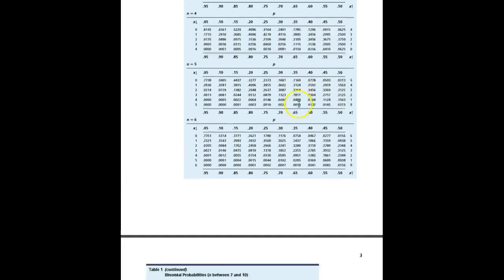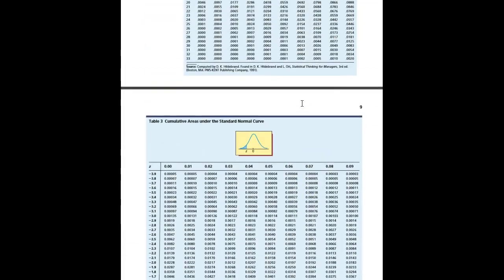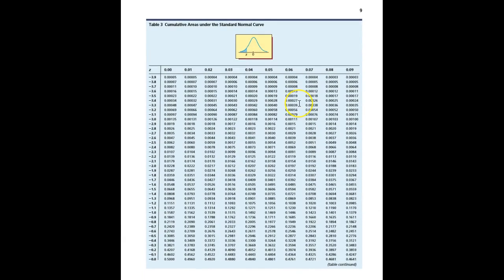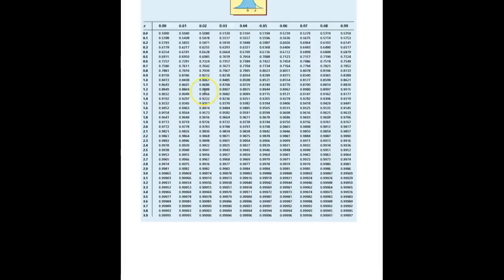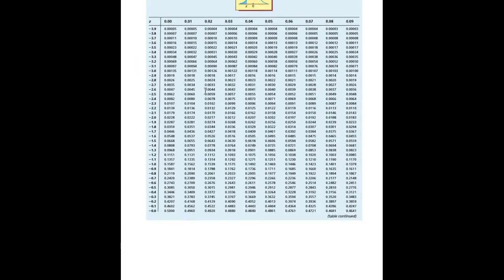Okay, so we're going to scroll to our normal distribution, which, like I said, you guys will have on the test. So our z tables, as we call them, we know that it's going to be on the left-hand side of the table, so it's not going to be on this positive side of the table. It's going to be on the left-hand side of the table because it's a value that is less than 50%.